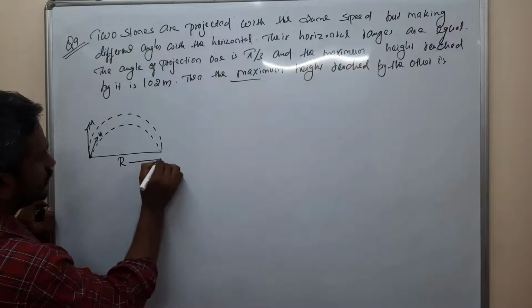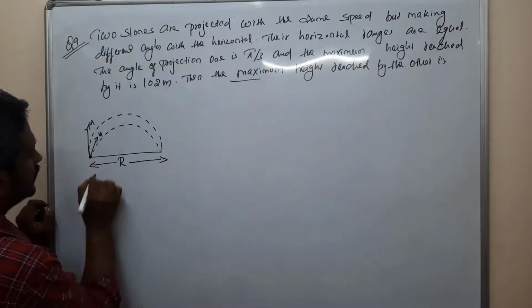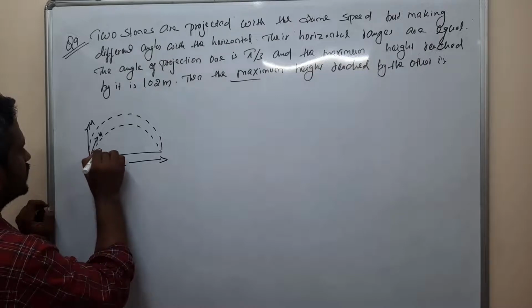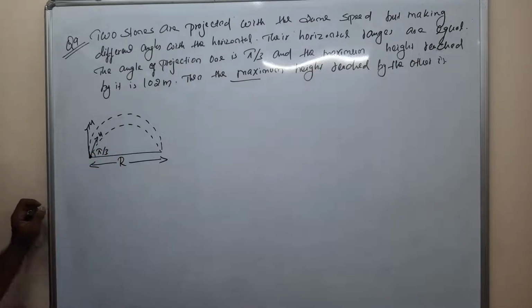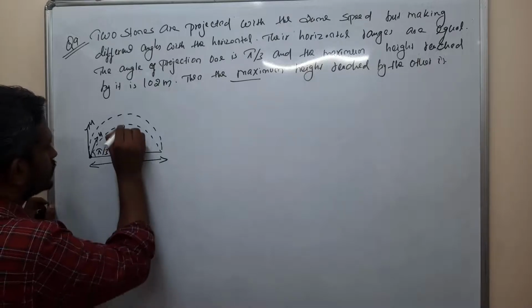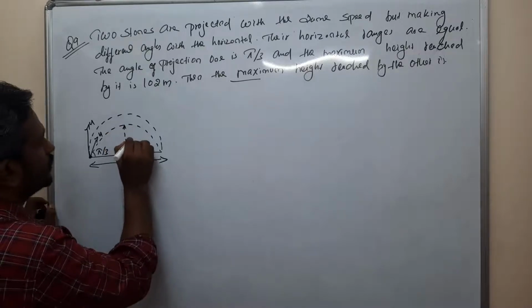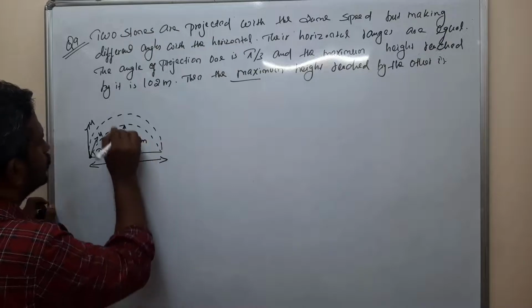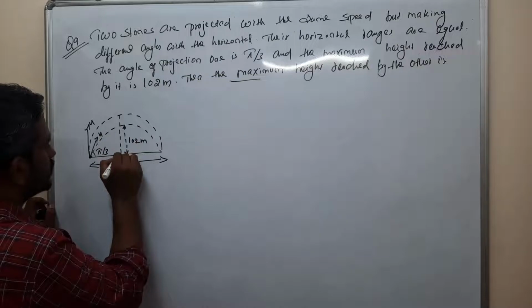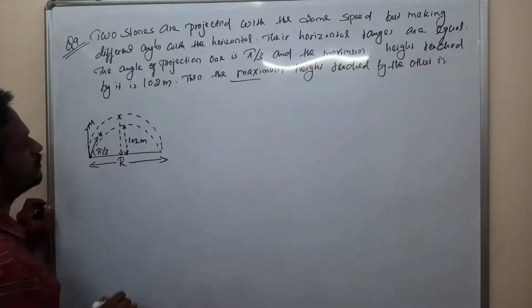The range of the projectile is the same, as given in the question. The angle of projection is π/3, and the maximum height reached by the projectile is 102 meter. We have to find the maximum height of the other projectile, h max.